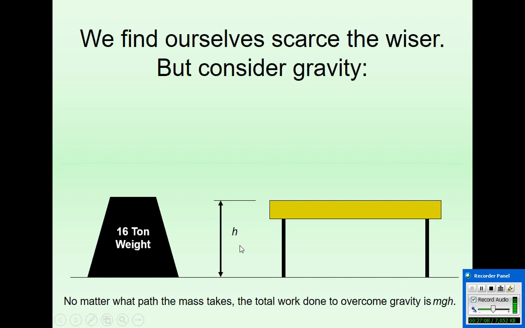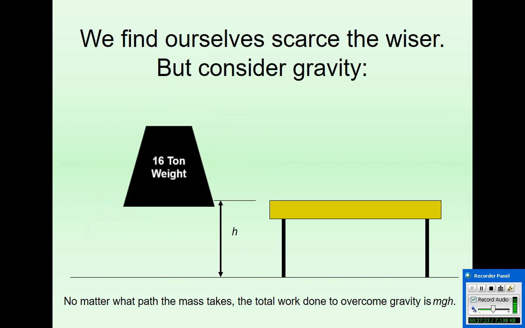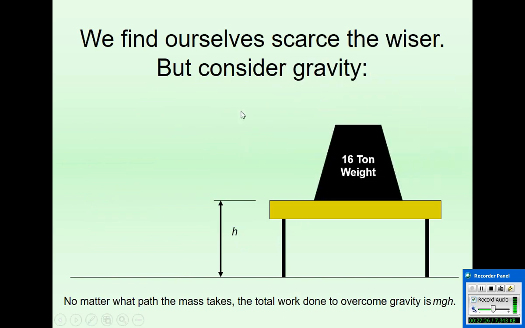Turns out that the total work done by gravity is mgh, is of magnitude mgh. It doesn't matter if I lift this 16-ton weight from the floor directly to the table, or if I start moving it around like some sort of Harlem Globetrotter thing with a basketball.